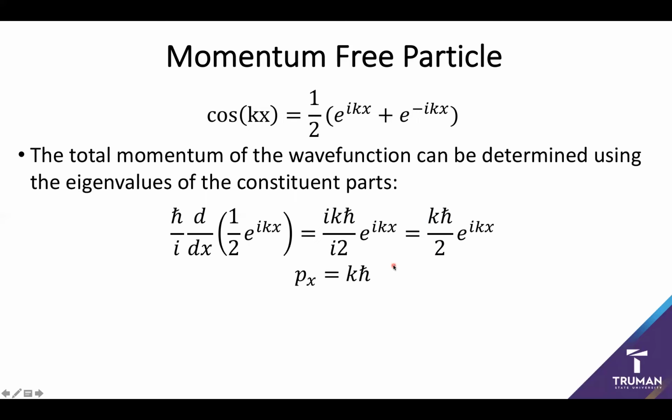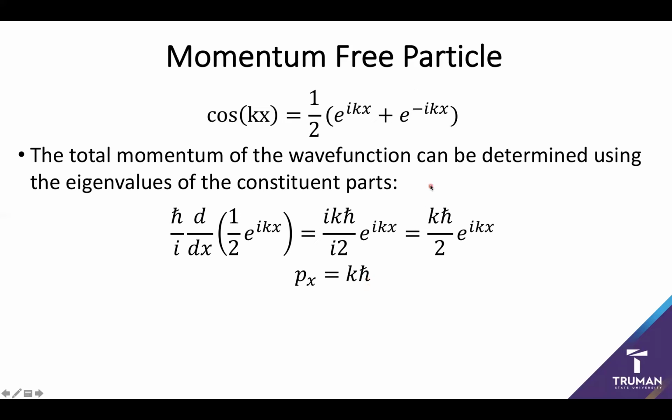But this actually gives us the momentum of the system. We have a positive momentum of kh bar, because that's what isn't present in the wave function. So when I go from here to here, kh bar pops out. So a momentum of positive kh bar works out great.